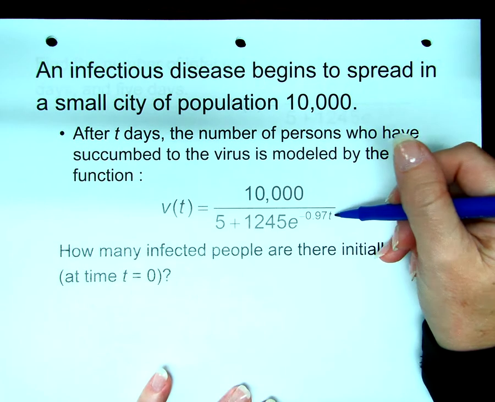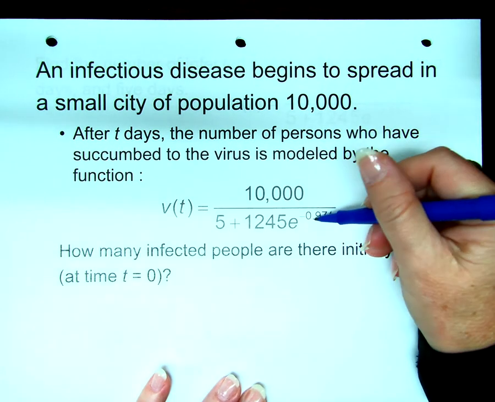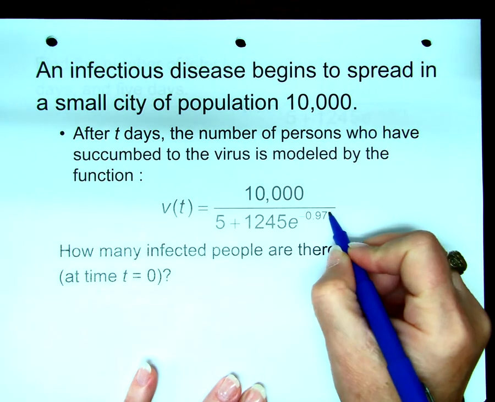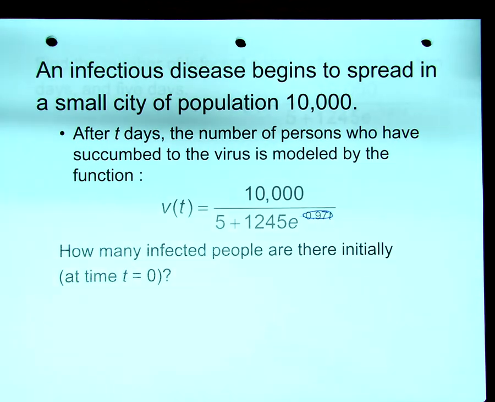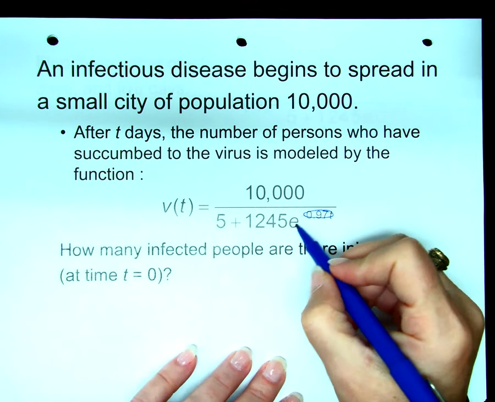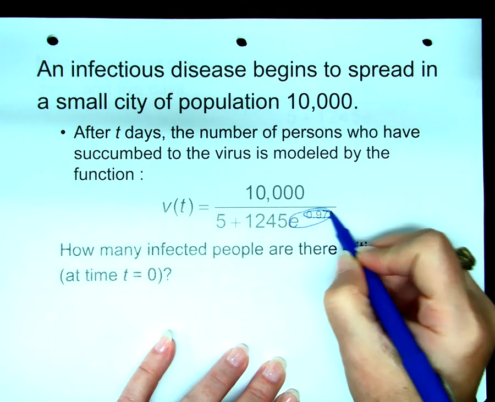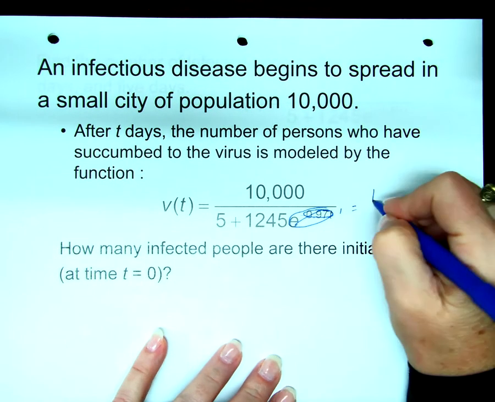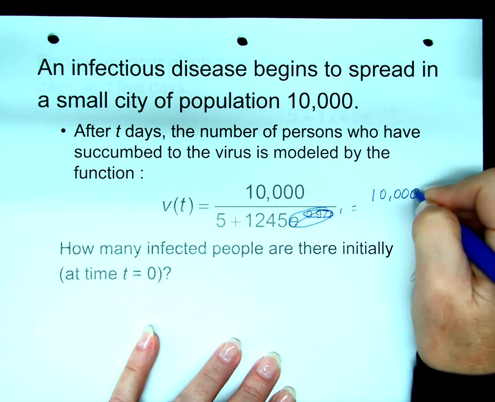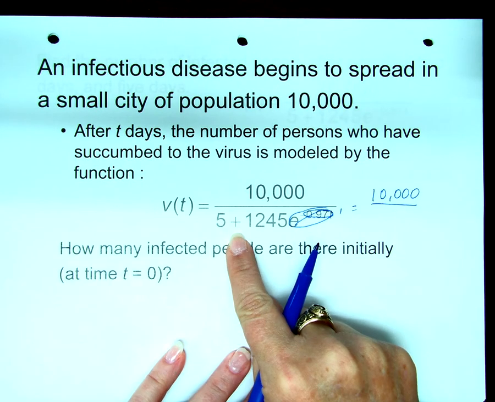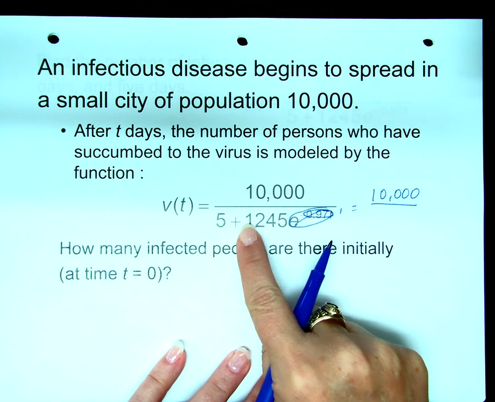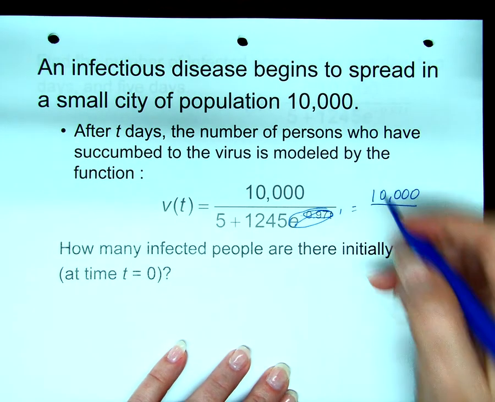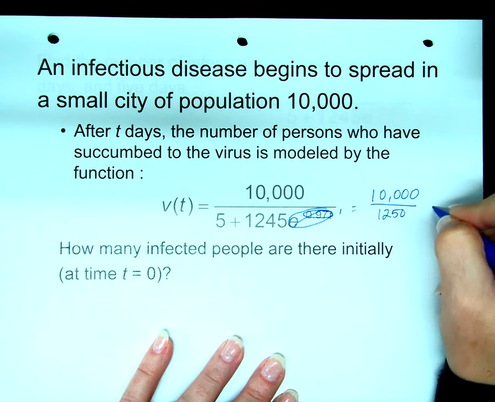Well, if t equals 0, 0 times negative 0.95 is 0. And I know anything to the 0 power is 1. So this value right here is a 1. So what I end up with is 10,000 divided by 5 plus 1245, which is 1250.